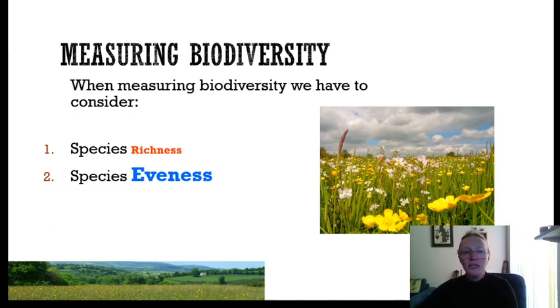If you have one particular species dominating, then that habitat is unstable, and it has a low species evenness. But the best thing to use, if you want to look at the biodiversity, is the Simpson's Biodiversity Index, because it takes into account both the species richness in an area and the species evenness.